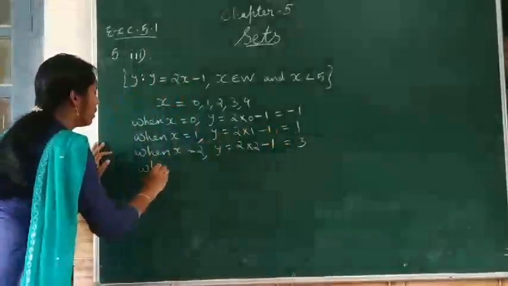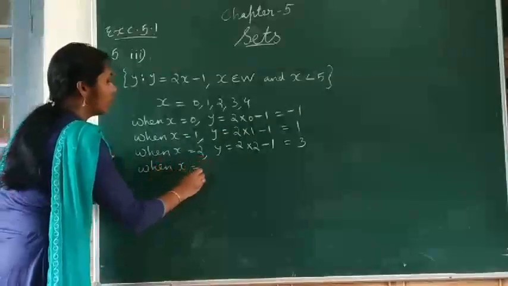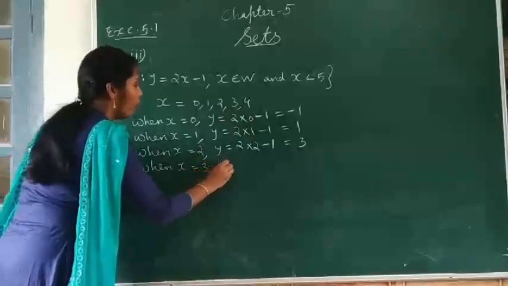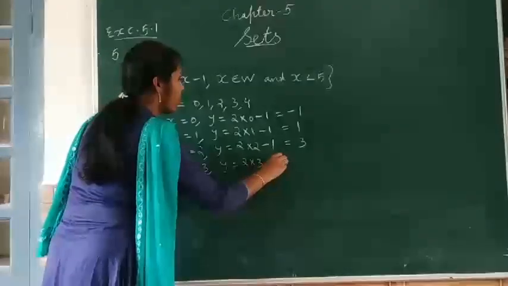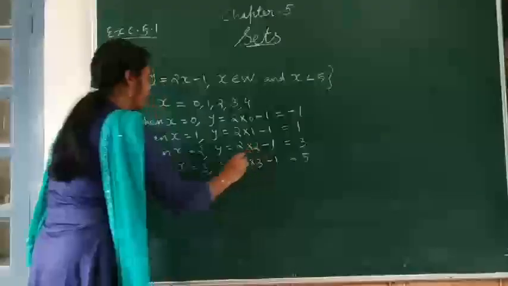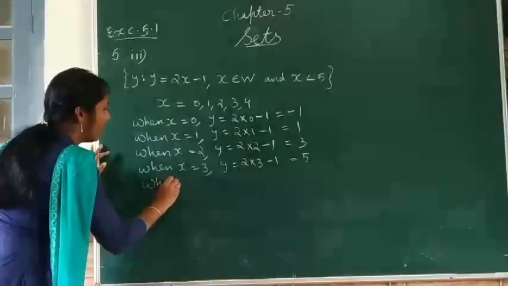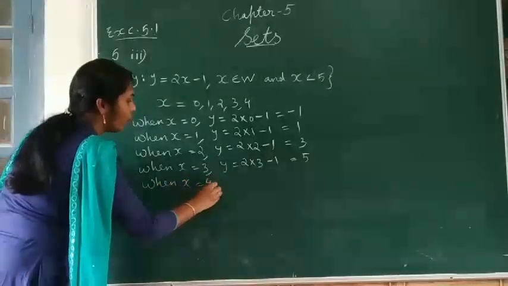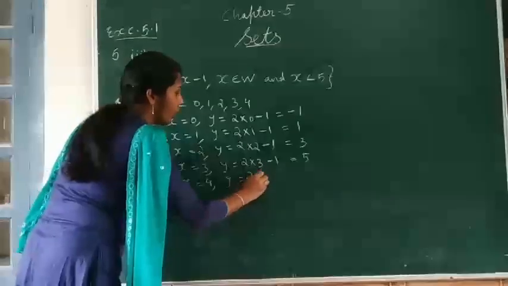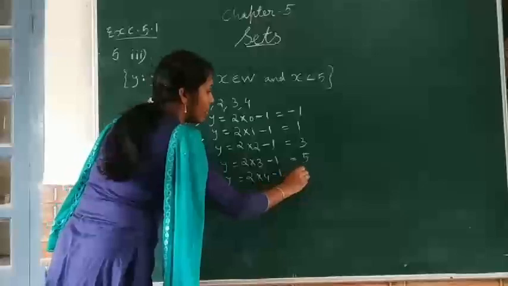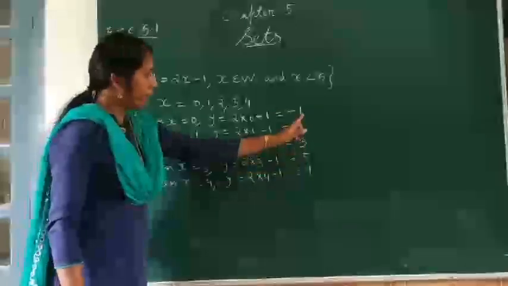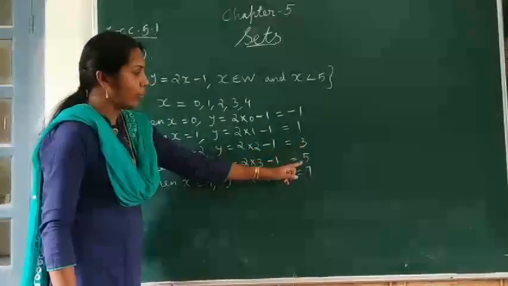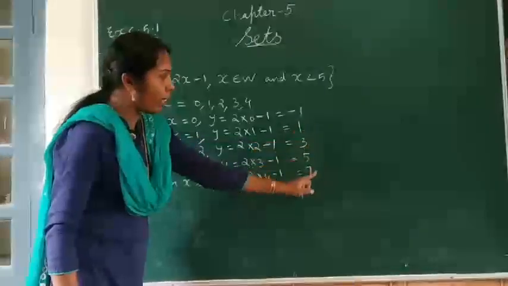When x is equal to 3, y is equal to 2 into 3 minus 1, that is equal to 5. When x is equal to 4, y is equal to 2 into 4 minus 1, that is equal to 7. So these are the values of y: -1, 1, 3, 5 and 7.